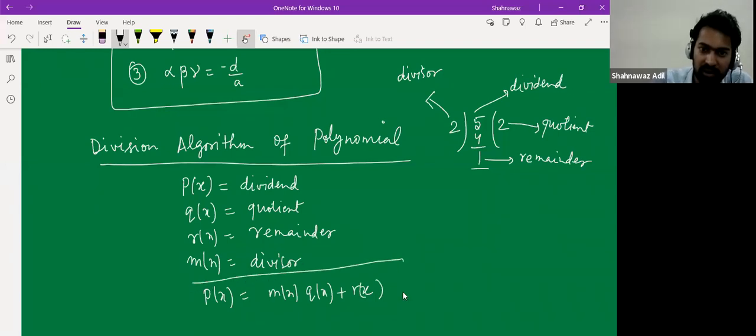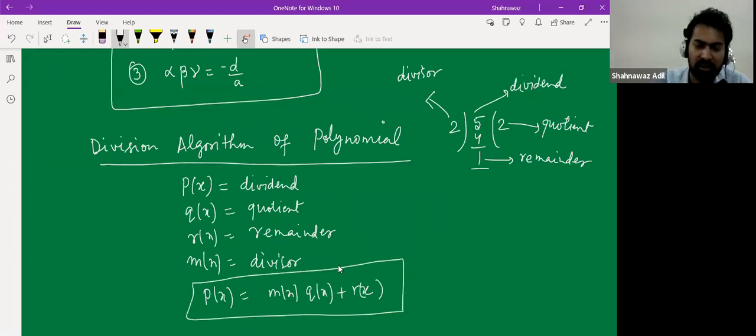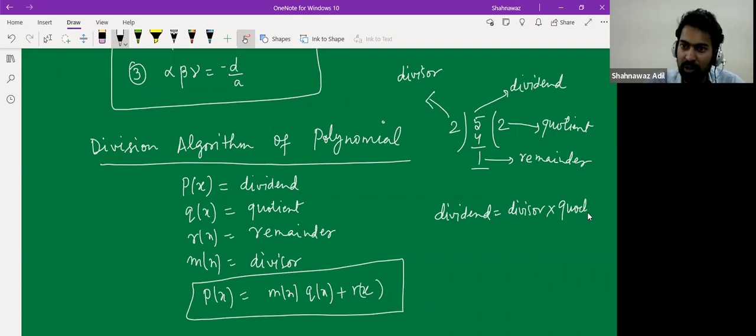Understood? Similarly, the dividend is equal to the divisor into the quotient plus the remainder. Understood?